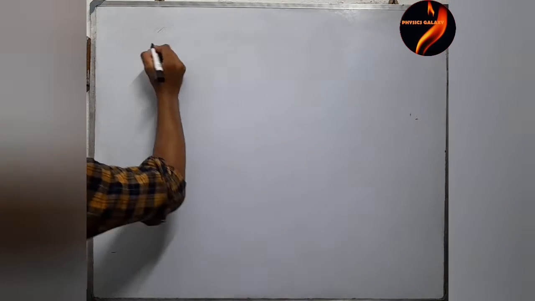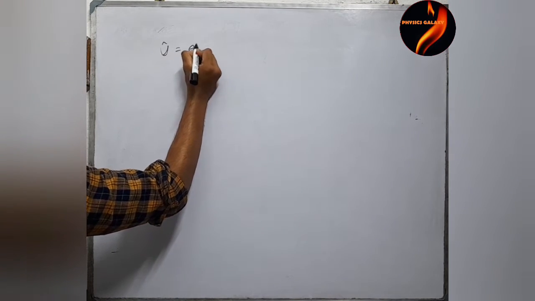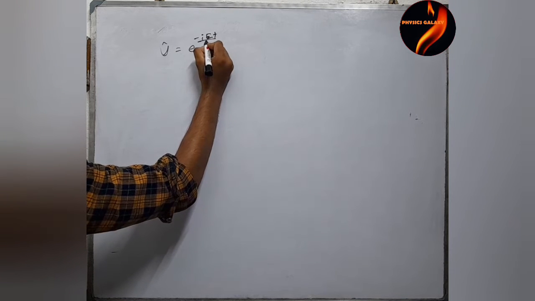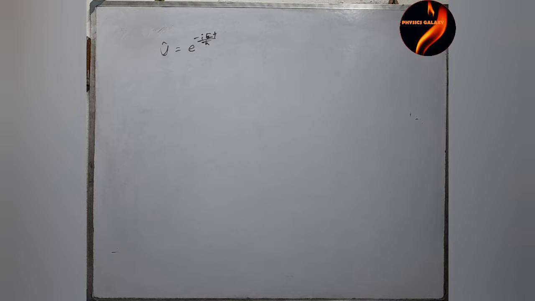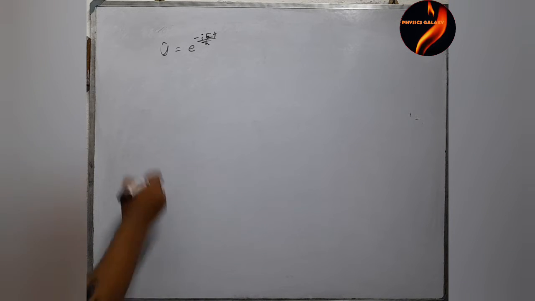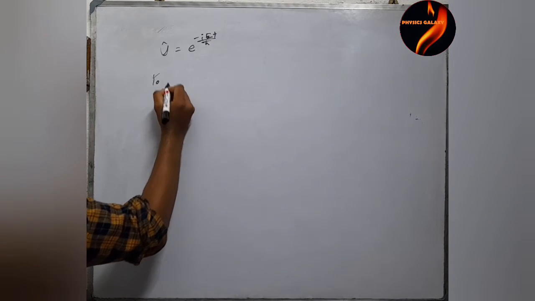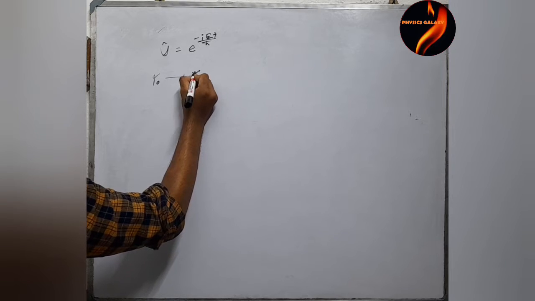We know that the expression of the unitary operator is e to the power minus iEt by ħ, and we have to excite the particle from the ground state to the excited state. Let's say the ground state is psi naught, and we have to excite it to the first excited state psi 1.